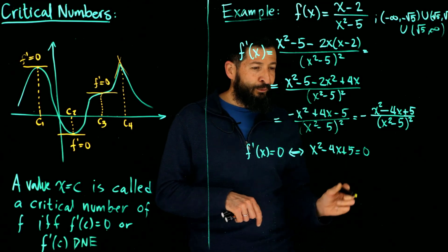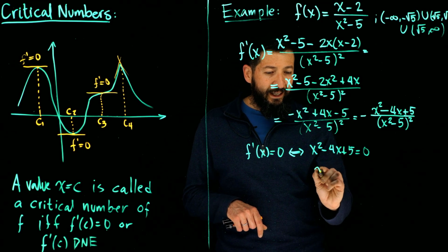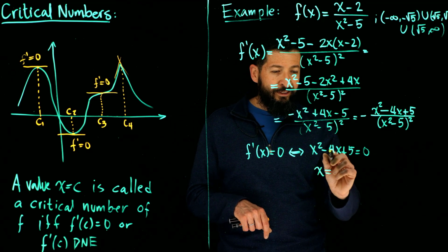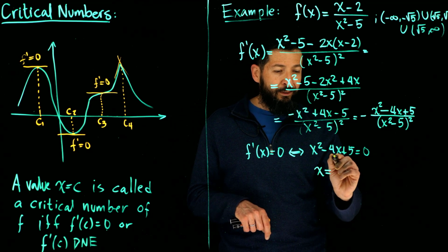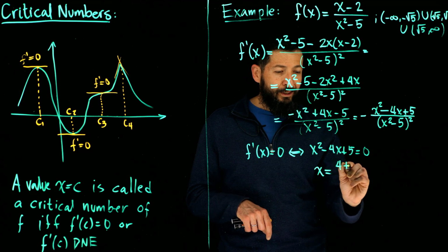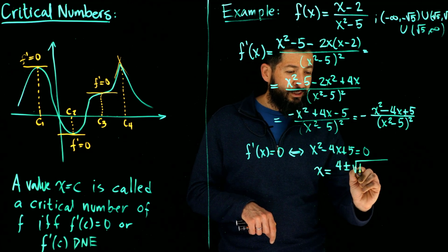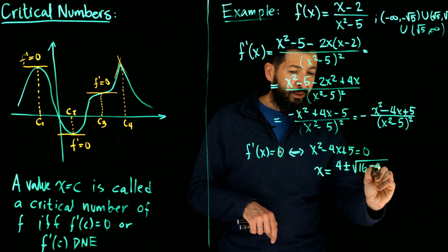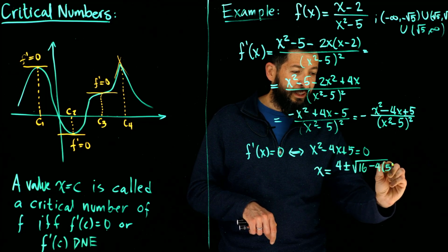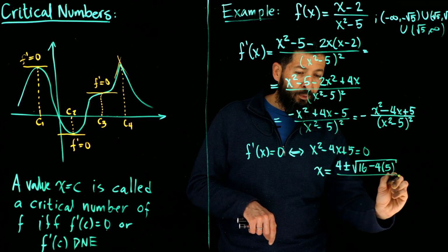To solve this one, you would end up with a quadratic equation. Negative b is positive 4, plus or minus the square root of 4 squared, which is 16, minus 4ac, which is 4 times 5, all over 2a.